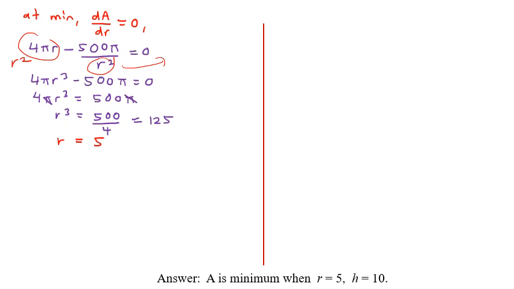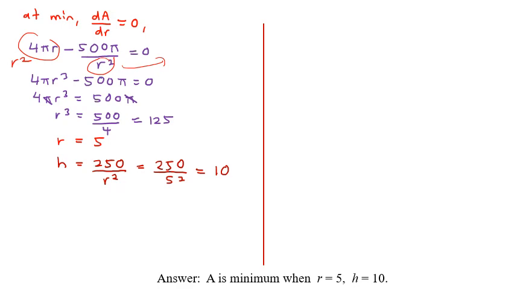After we find the value of r, we can find the value of h. Remember the relation between r and h, 250 over r squared. Substituting the value of r, the value of h would be 10. So this is the value of r and h.